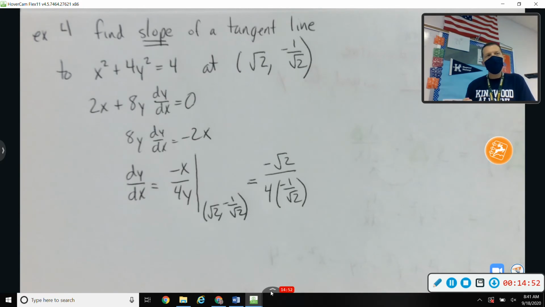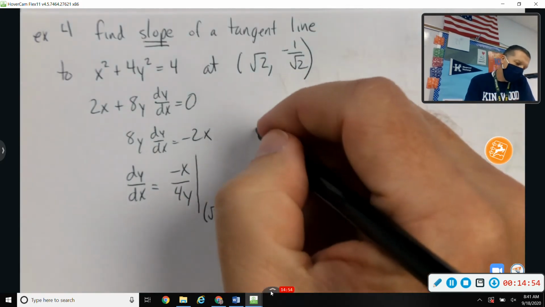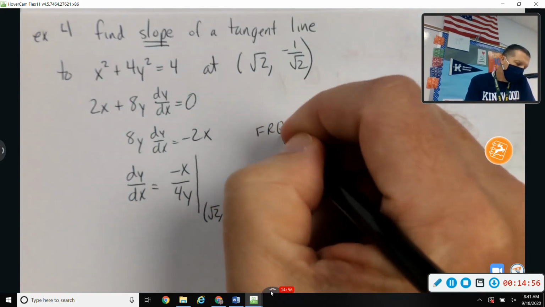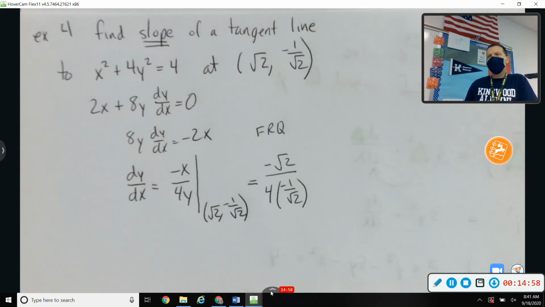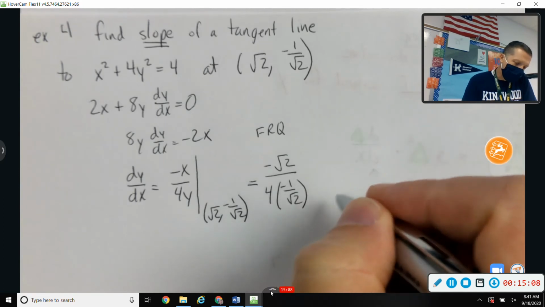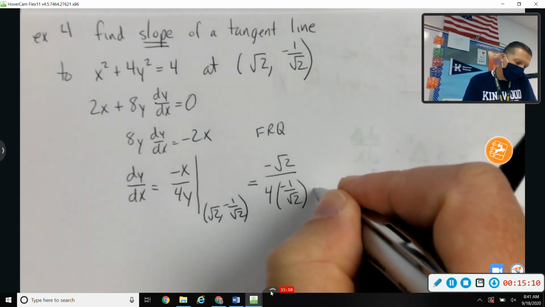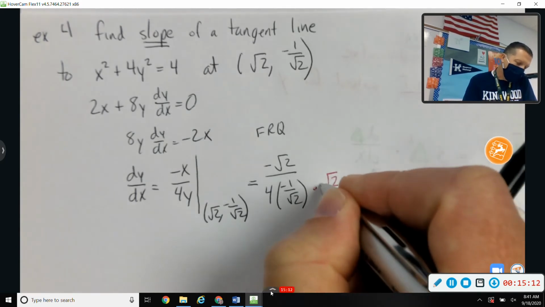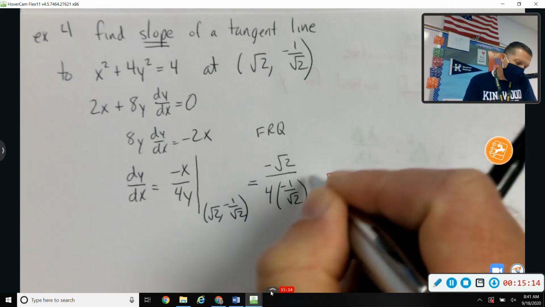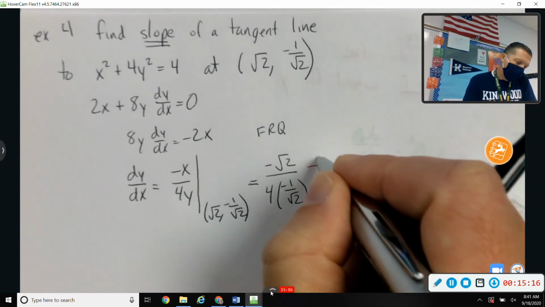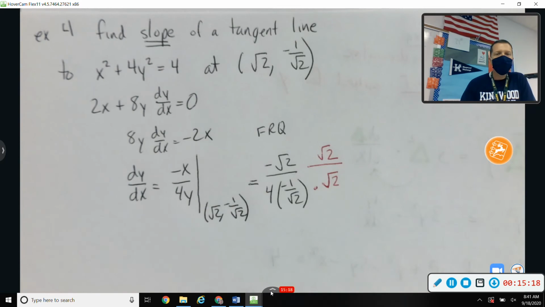And as a free response answer, that would be perfectly acceptable, right? We don't need to clean up fractions or square roots or even the two negative signs. Just leave it. Who cares? On a multiple choice test, you know there's going to be some cleanup done on that. So on the bottom I'd multiply by root 2 to make the fraction go away, which means I'd have to multiply the top by root 2.